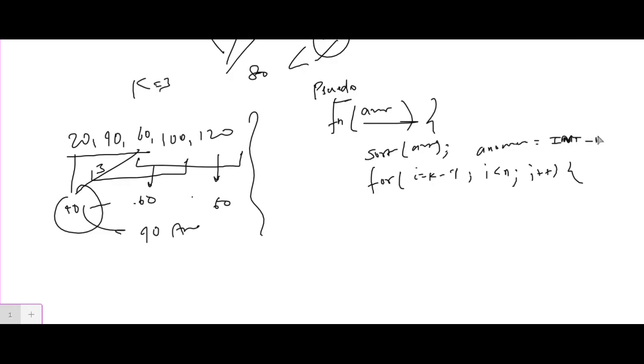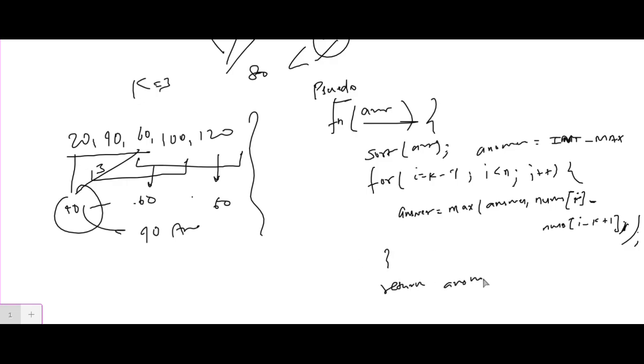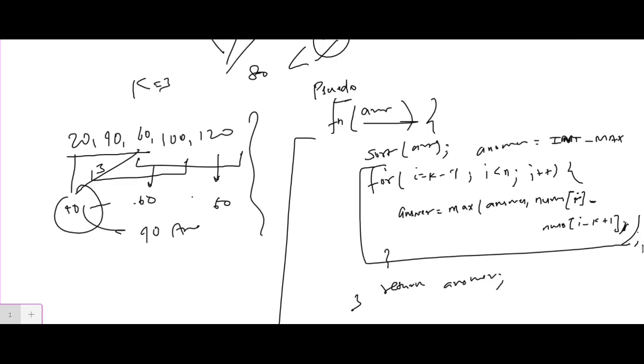Since we have to take the minimum, the answer is the minimum of answer and nums[i] minus nums[i minus k plus 1]. Then we simply return answer. This is our pseudocode for this question. We are just creating a window of size k and sliding it through the array.